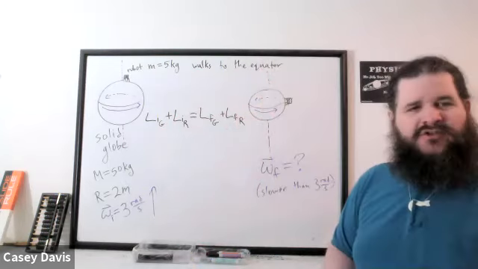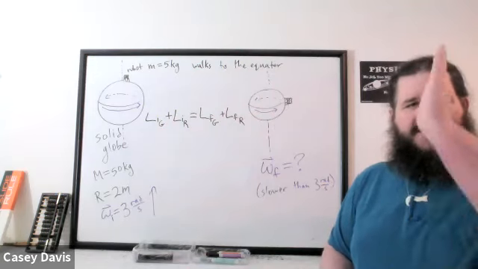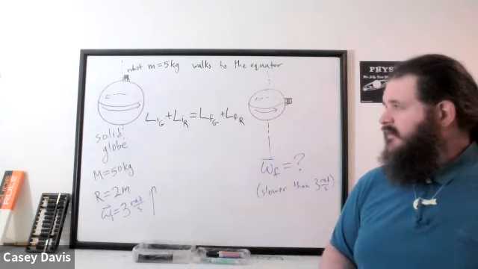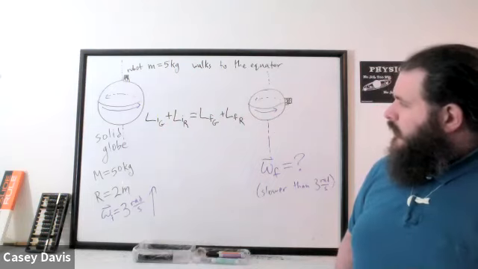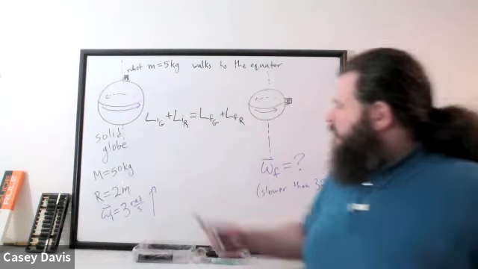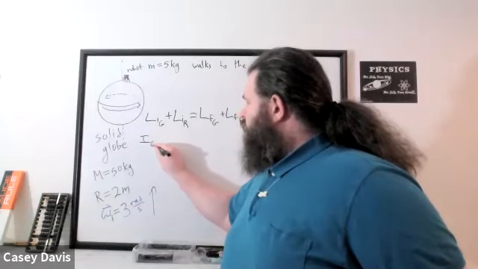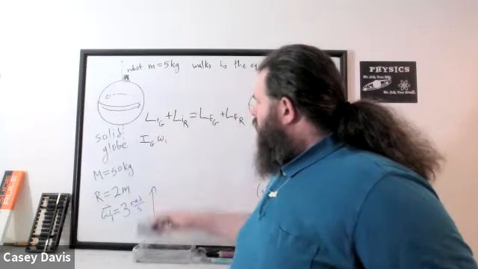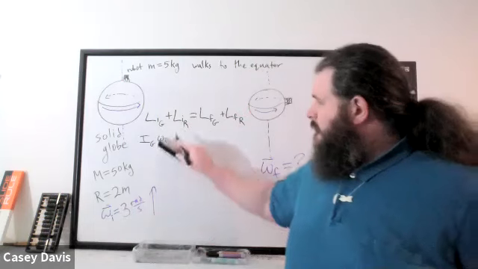Formally, we should be treating these as vectors, but since everything's just in the up and down direction, we can treat these as just the magnitude, since everything only has a z component. So for each one of these, we'd be writing out moment of inertia. Although actually, since these are spinning together, they've got the same angular speed.